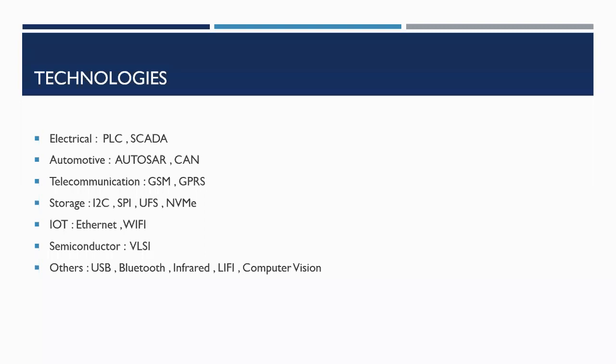And in the electrical, there is PLC and SCADA. These tools were there, and one can go through them, but along with that, the technologies with respect to the electrical, the battery system, the motors, and the generators were there, and they have to be very good at these things.